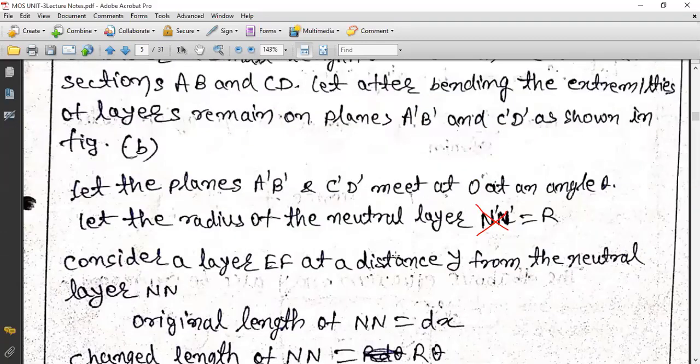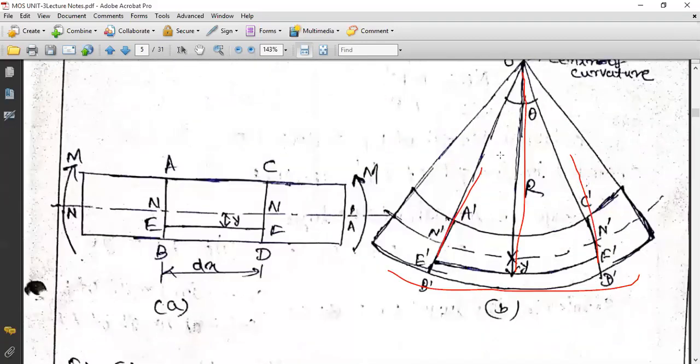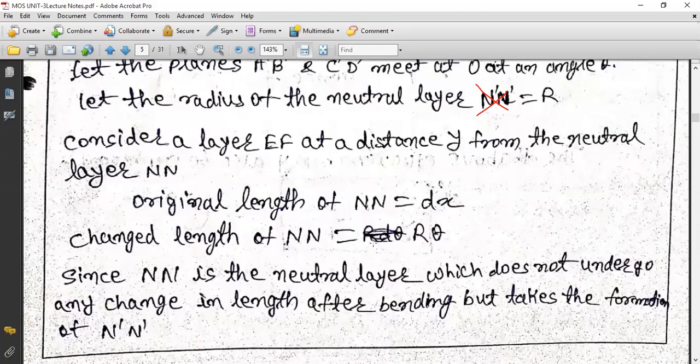Because you can see here the radius is r and the angle is theta. So what is the length of N'N'? Angle into radius, that is the arc length. So the new length of N'N' is r theta.